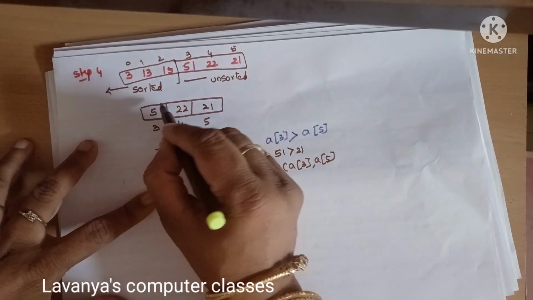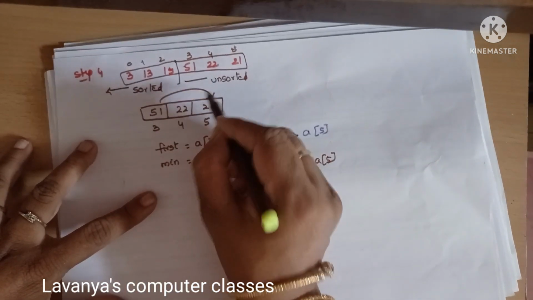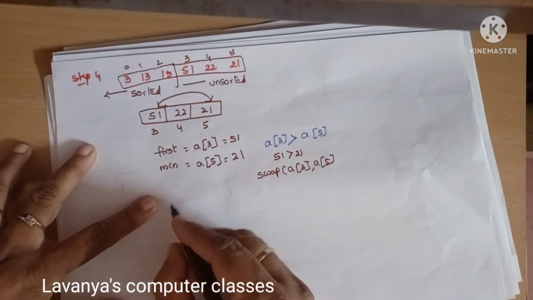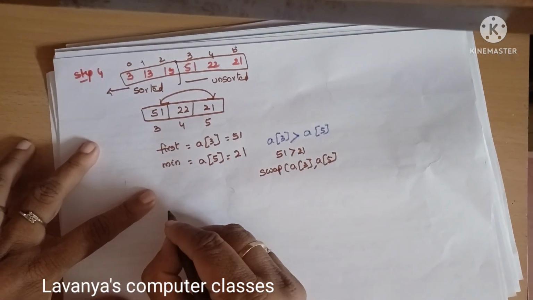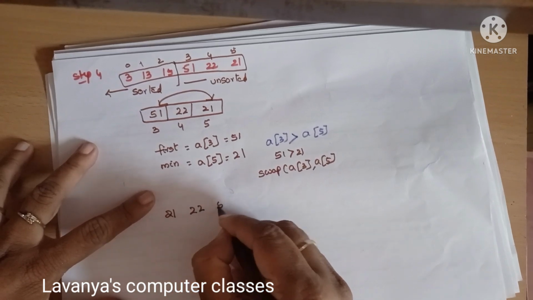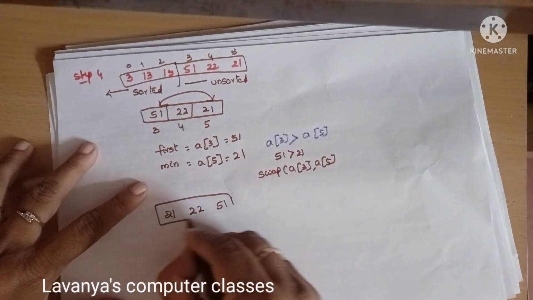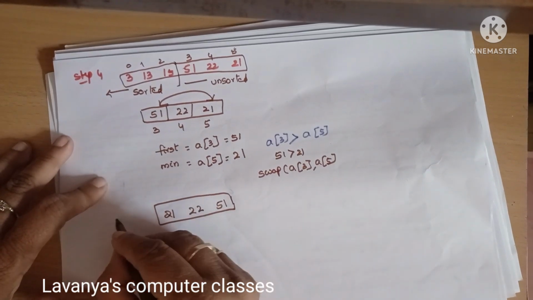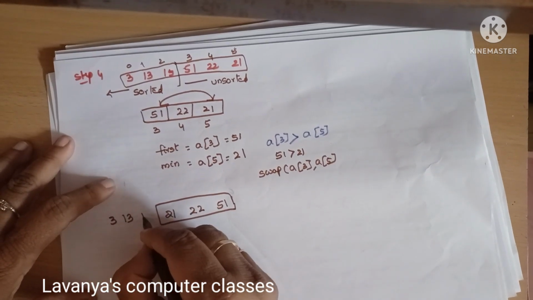If we swap these two elements, the places are changed. Okay. After swapping these, how will it be? 21 is coming into the 51 place, 22 is no change, and then 51 is coming like this. Already the previous elements 3, 13, 15.